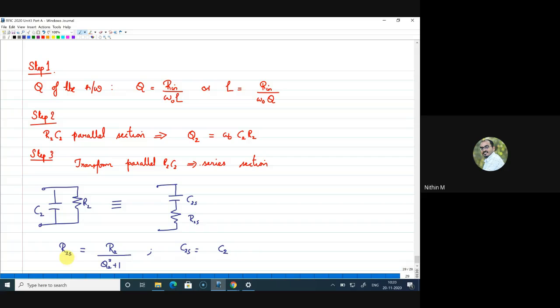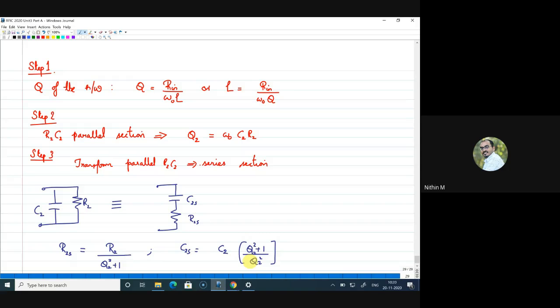So C2S can be written as C2 into Q2 square plus 1 divided by Q2 square. Here we already defined Q2: it is the Q factor of the parallel R2C2 section. All right.